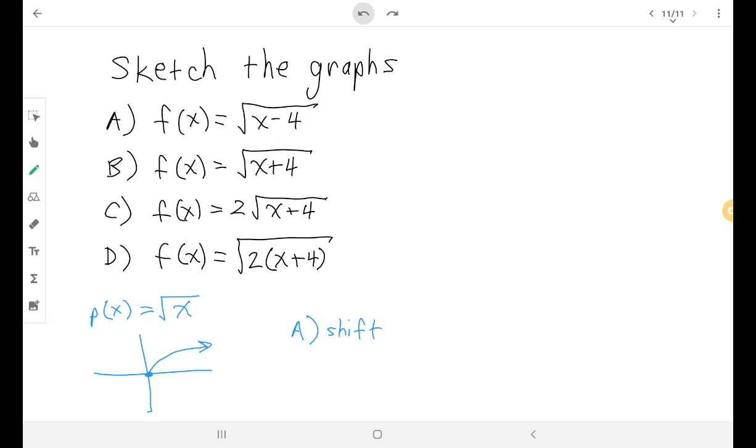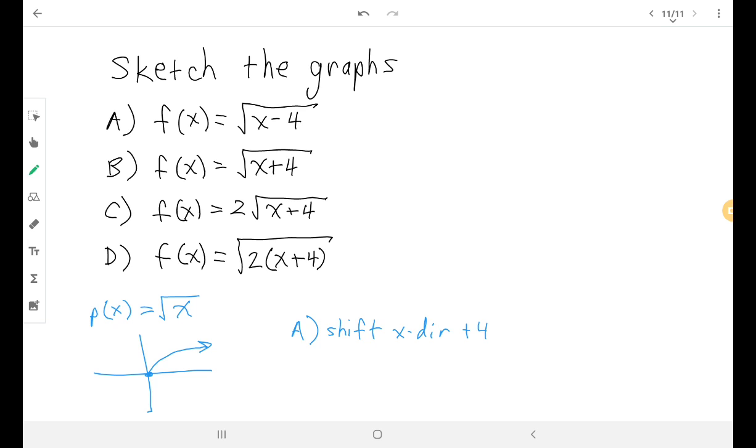That shift is grouped in with the x. That subtraction is grouped in with the x. So it's a shift in the x direction, and it's a shift in the x direction of the opposite of what we see, so of positive 4.